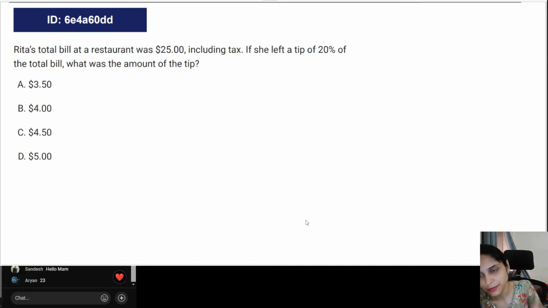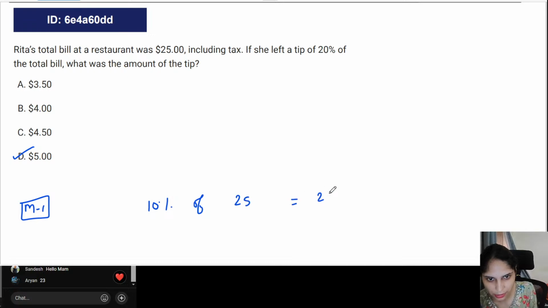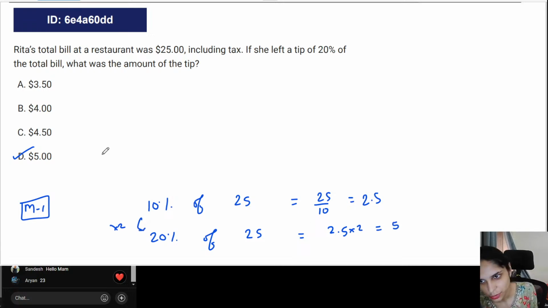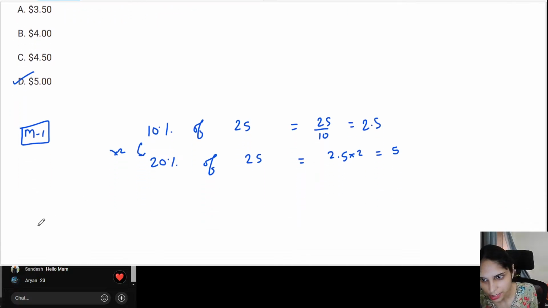So you have to find 20%. 10% of 25 is going to be 25 divided by 10, that is 2.5. So 20% is going to be, this is for mental math, 2.5 times 2, because 20% is double of 10. So the answer is $5. Second method, you can directly just write it in Desmos.